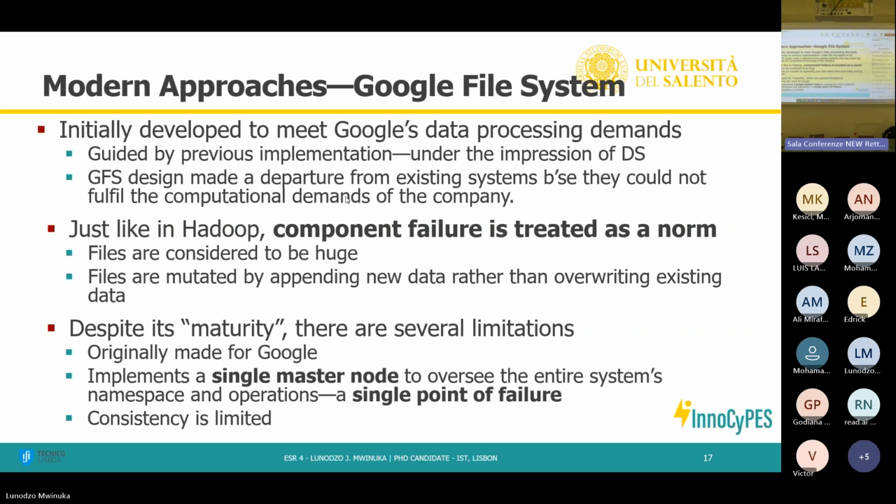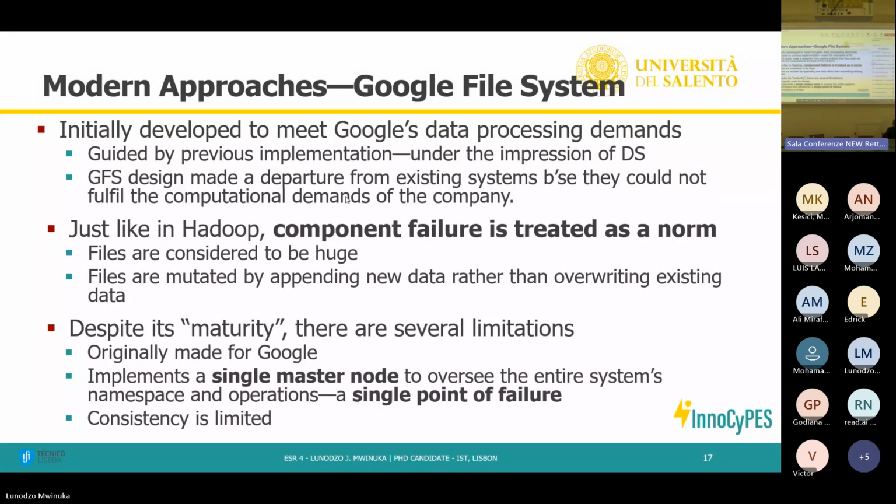I feel like this is one of the huge limitations, because you have this master node that oversees all of the other nodes that are joining the system. When you have a single master node with a certain task, you're introducing a single point of failure, because when that node fails, the system is also at fault. Again, with GFS, consistency is very limited.